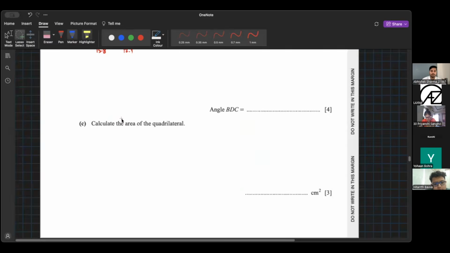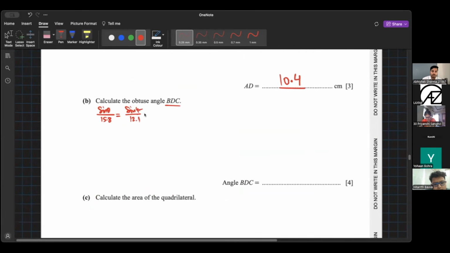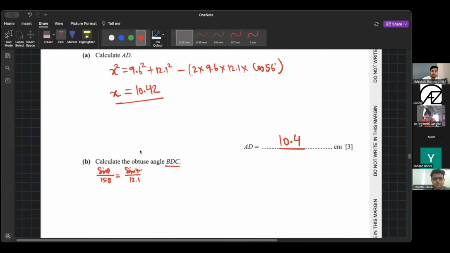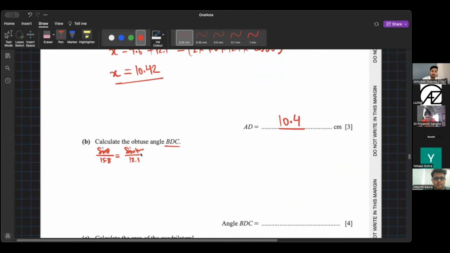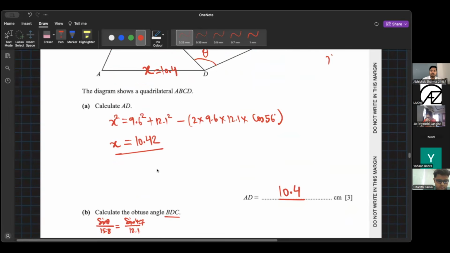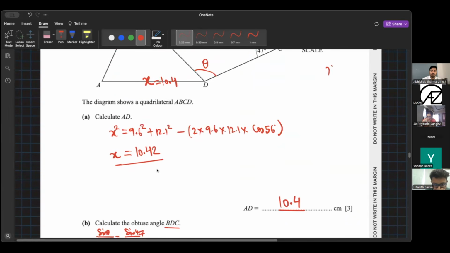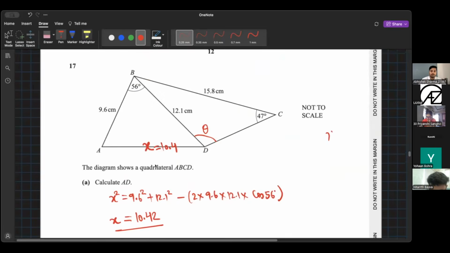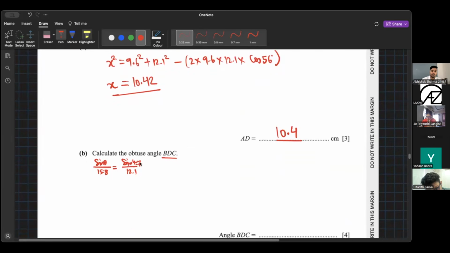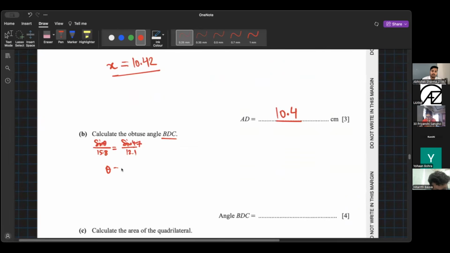So this was 47, not 4.7. So we can write theta equals sine inverse of the value, and the value we will get by 15.8 multiplied by sine 47 divided by 12.1.